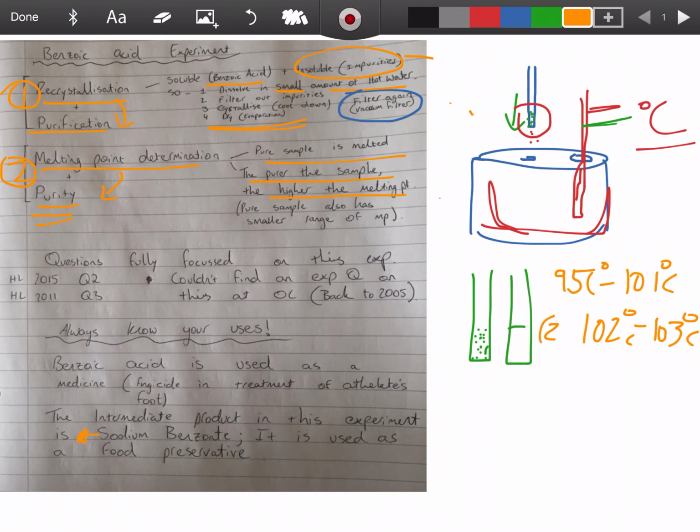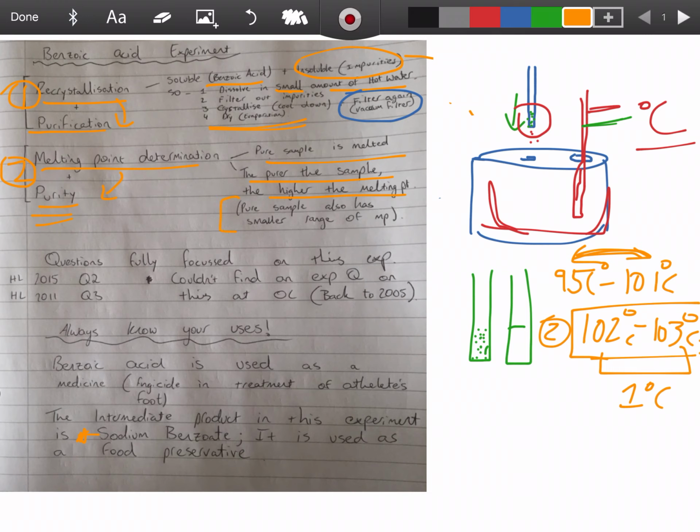Sample 2 in this instance has the shorter range, so it's more pure. One, the melting point is higher, and two, it's more accurate in getting the melting point. You can see there's a range of melting point between 95 and 101, which would be 6 degrees Celsius. In this case, it's only 1 degree Celsius. So that would show that we've got a more pure sample in this case. And as I've mentioned, the pure sample also has a smaller range of melting point.